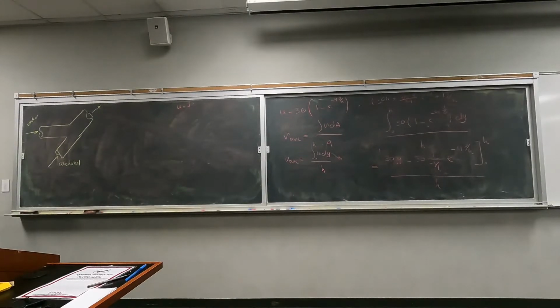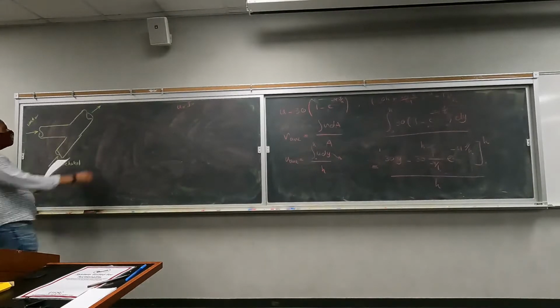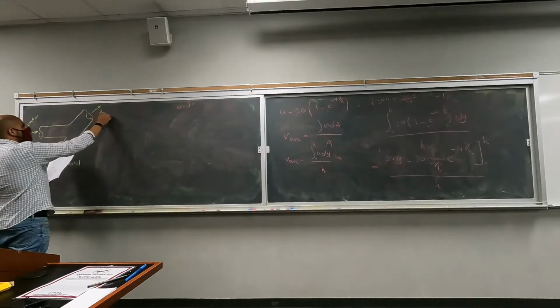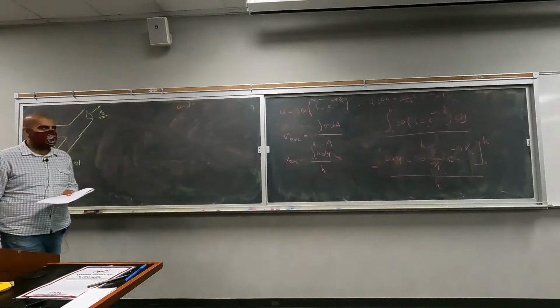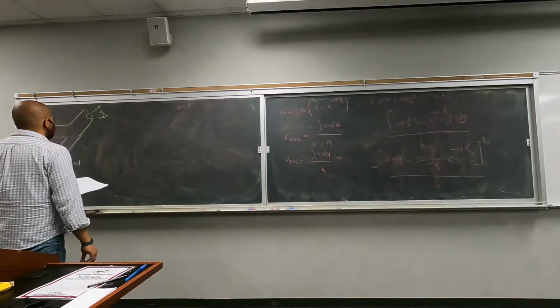And we are told to find the average density going out. So rho 3, let's call these 1, 2, 3. So we have rho 1, which is the water density, rho 2, which is the alcohol density, and we want to find rho 3.